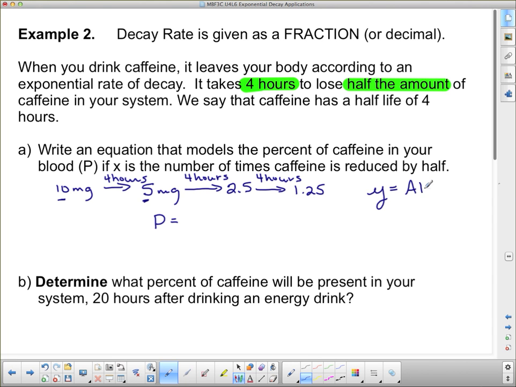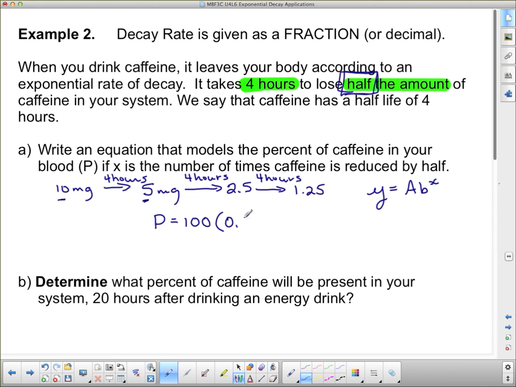Y equals AB to the X. Okay. A is our initial amount. So if we're talking about percent, initially we have 100% of the caffeine that we drank. So I'm going to use 100. Now B is what we multiply by every time, and here's where that comes in. We have half every time. And that's what I did here. I split that in half to get 5, split that in half, split that in half. Away we go.